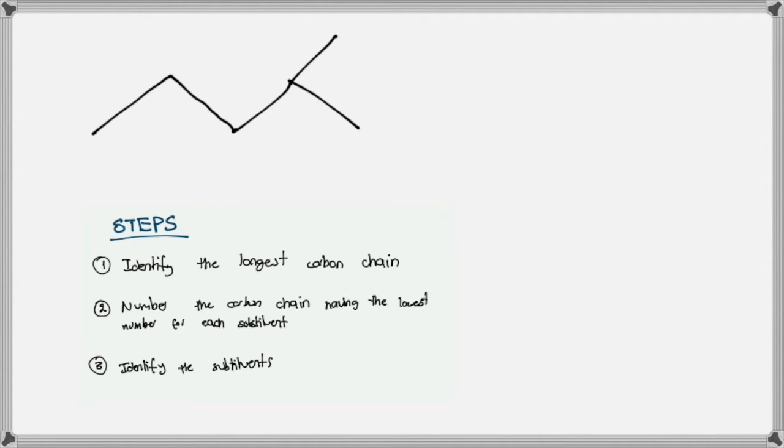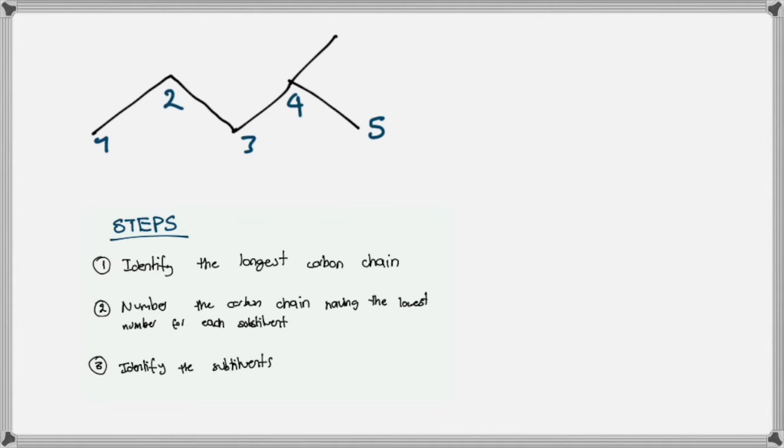I see that the longest carbon chain is probably going to be this way: 1, 2, 3, 4, and 5. But it could also be 1, 2, 3, 4, and 5. It does not matter, right? Because either way, it's going to be the same number in the chain.